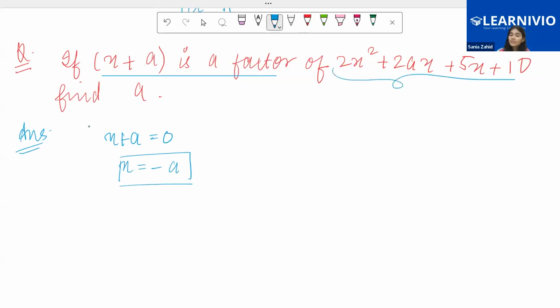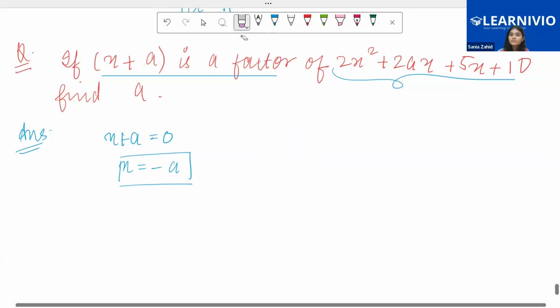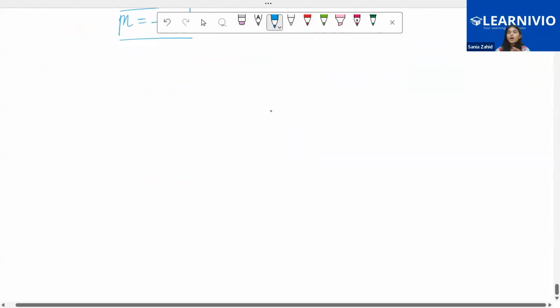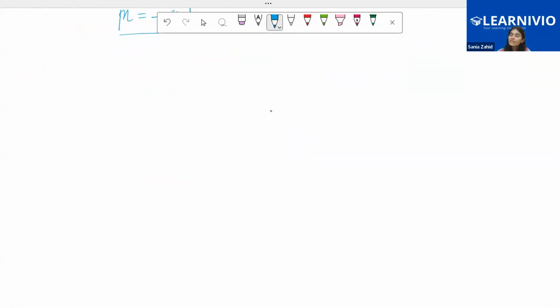Whenever it is given to you, for example, x minus 2 is a factor, that means x equals 2 is a 0. Right? You understand the meaning of factor and 0? No, ma'am. Okay, look. For example, when we were solving questions based on middle term splitting, it is given to you x minus 2 is a factor for any given polynomial.